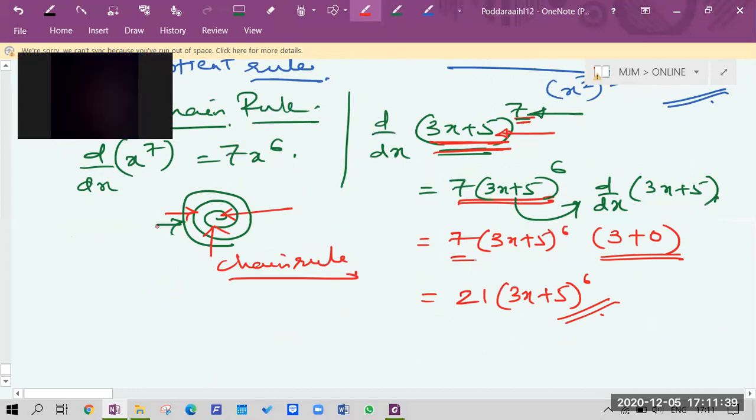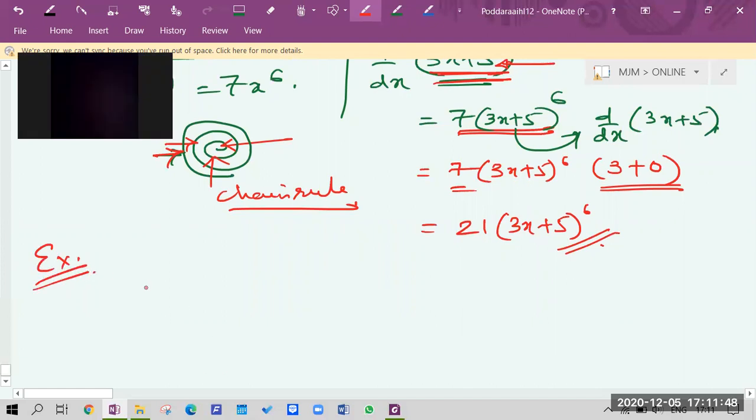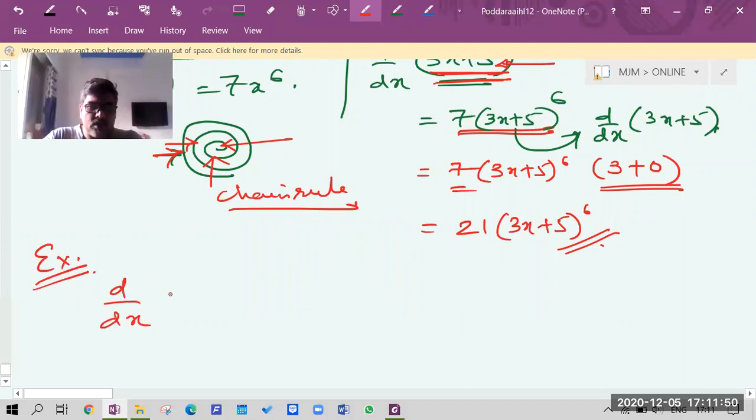Let me take another example; I'll take 5 more examples for you to understand. So let's go for the next one. d by dx of (sine x) raised to 9, which could also be given as sine to the power 9 of x.